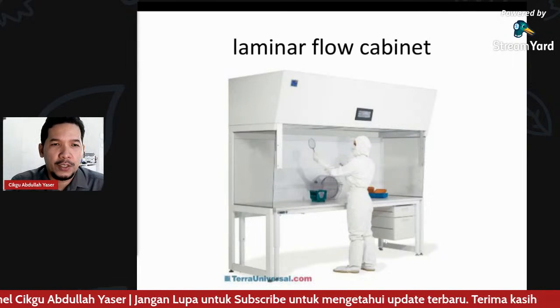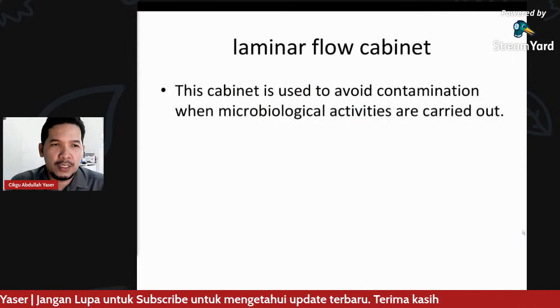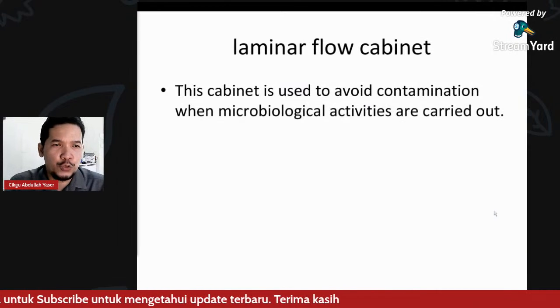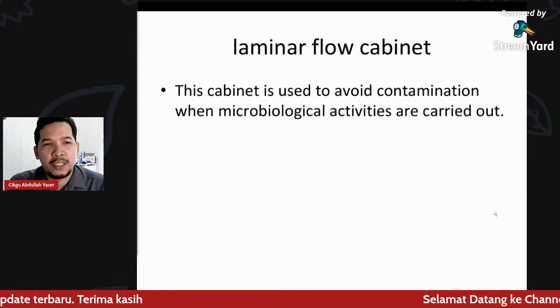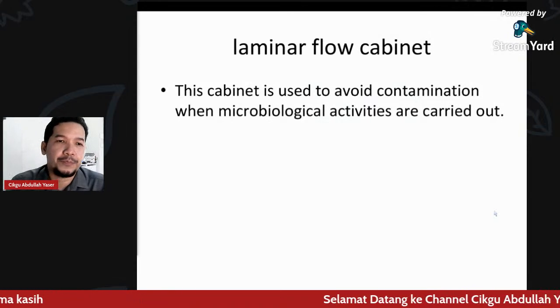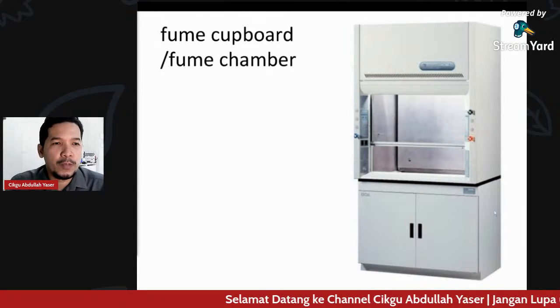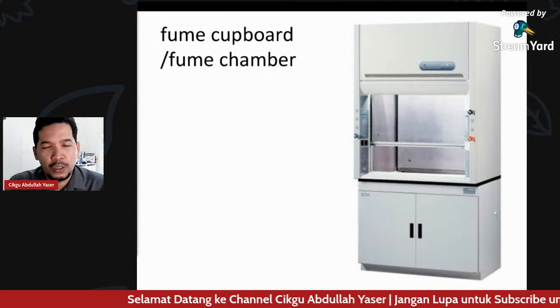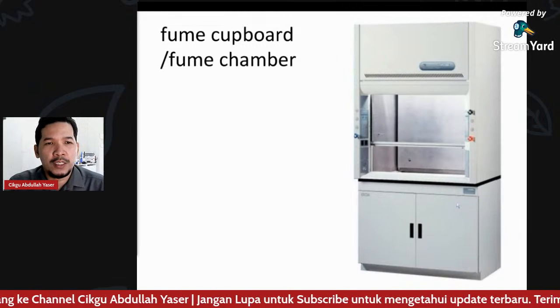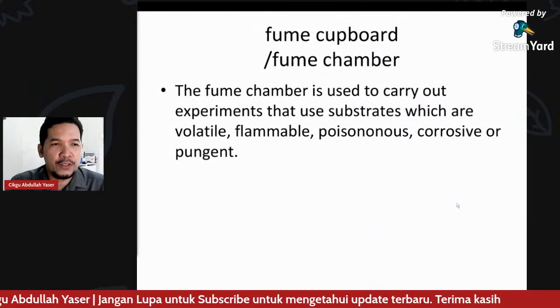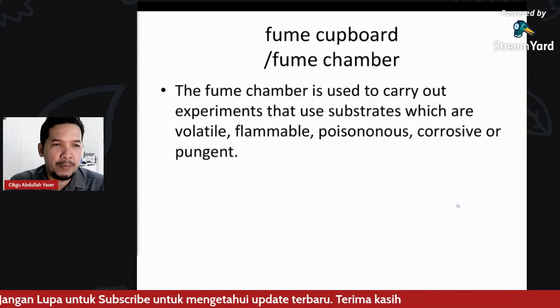Okay. This one is the laminar flow cabinet. The laminar flow cabinet is used to avoid contamination when microbiological activity is carried out. The fume cupboard, also known as a fume chamber, is slightly different from the laminar flow cabinet.